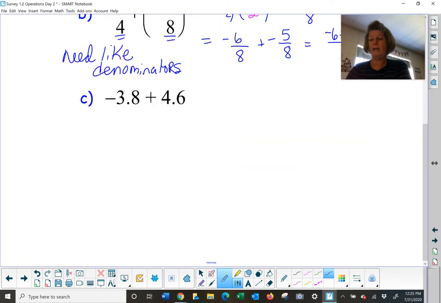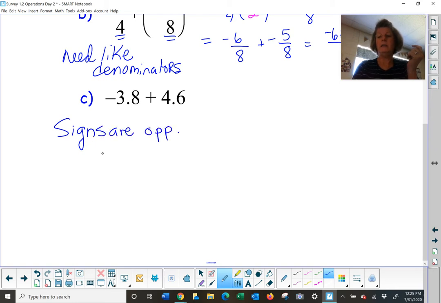The last one, I've got a positive number, the 4.6, and a negative number, the 3.8. Since the signs are different, that was supposed to say an S there, signs are different, I need to subtract.